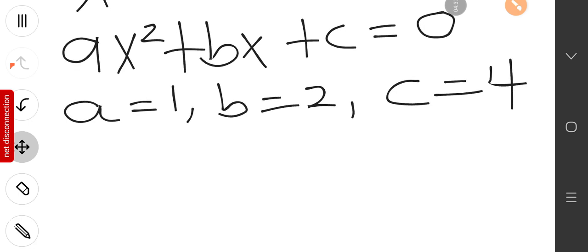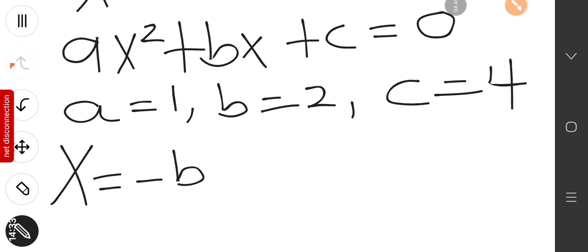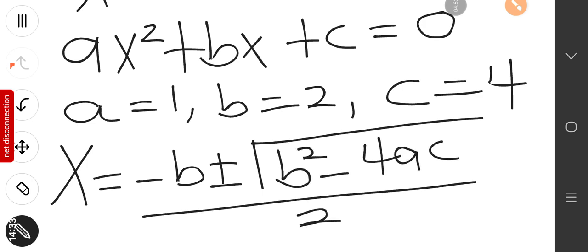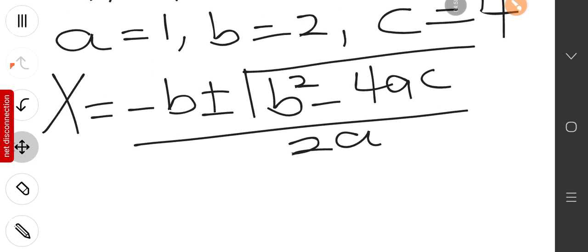Now that we know the components of the quadratic formula, let's quote the formula. So you have x equals minus b plus or minus the square root of b squared minus 4ac. So this is what you have.